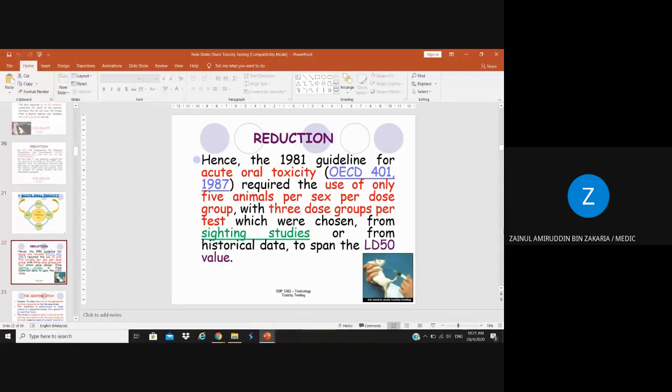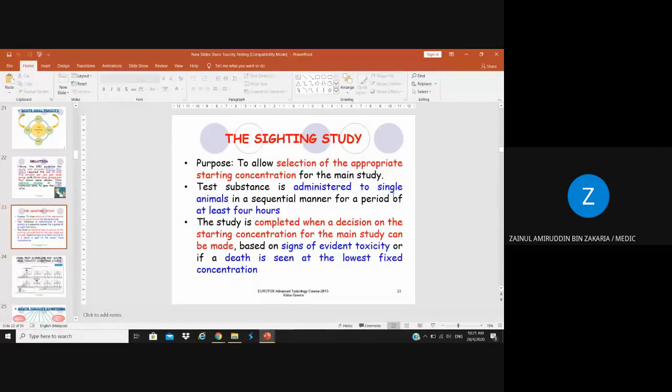Okay, what is a citing study? The purpose is to allow selection of the appropriate starting concentration. You don't know what dose to use for your toxicity study. Before you can start your acute toxicity study, you need to do the citing study.